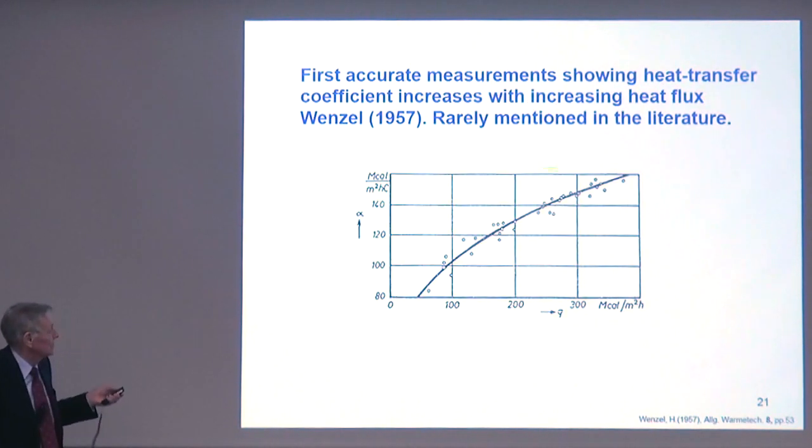Now, these data were the first accurate measurements, and they show the heat transfer coefficient increasing with increasing heat flux. I don't think I've ever seen this mentioned anywhere except in my papers.